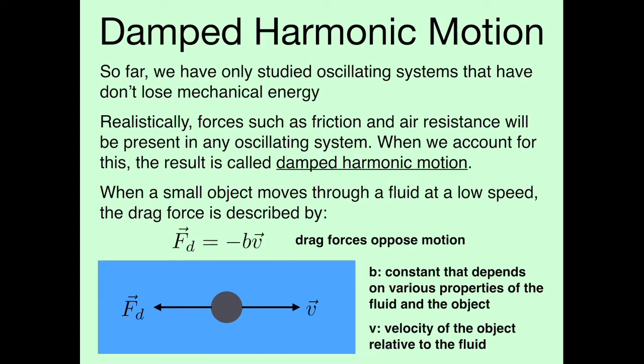And then finally, v is, of course, the velocity of the object relative to the fluid. So if you take the constant b times v with a negative sign out front to indicate we're opposing the motion with this force, then we have a description of a drag force. So basically what we're going to do is introduce this force into an oscillating system and see.